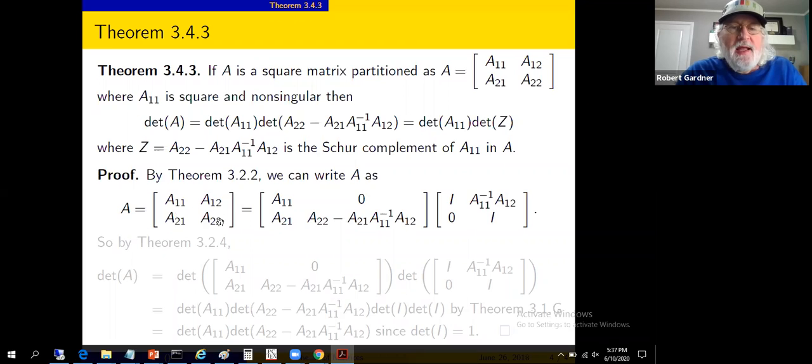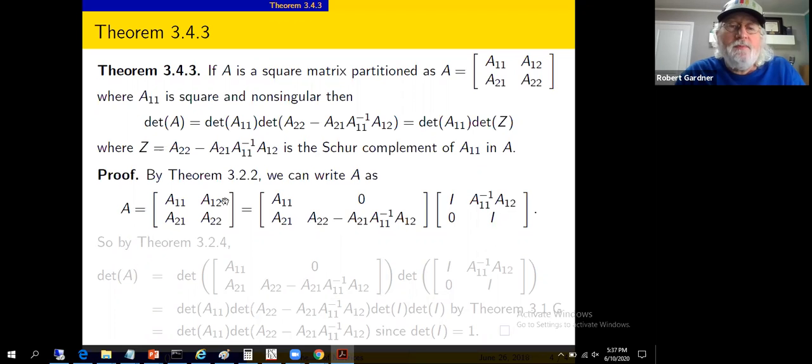Okay, we've got A written or partitioned in the usual way. Claim is we could actually write it as a product of these two partitioned matrices. Let's check that. This is what's going to make it work. Let's see, first row, first column would produce an A11. First row, second column would produce A11 times A11 inverse, A12 plus 0.